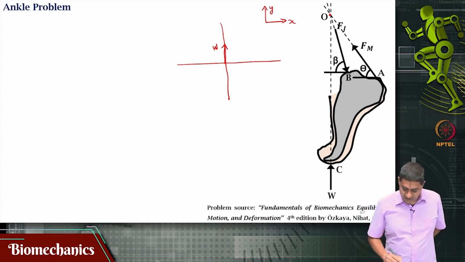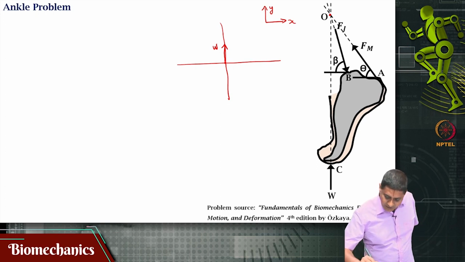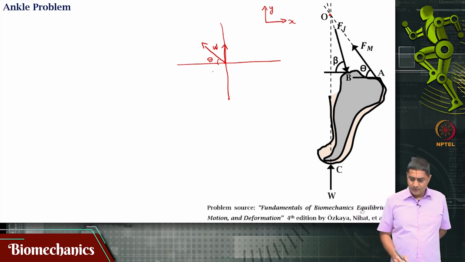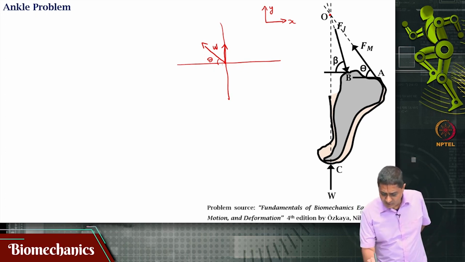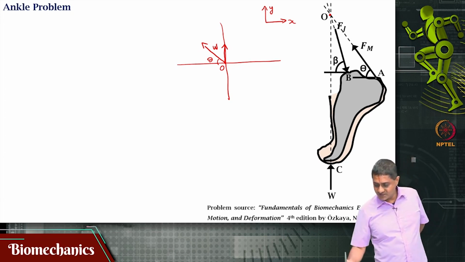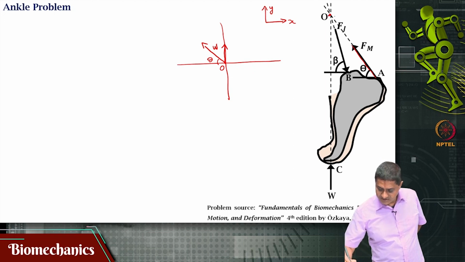Then I have Fm that is acting from O at an angle of theta to the horizontal. You are saying, hey, but this is not acting at O. It is not, but I have moved it to point O. So, essentially I have moved this to this point such that it is acting like that.